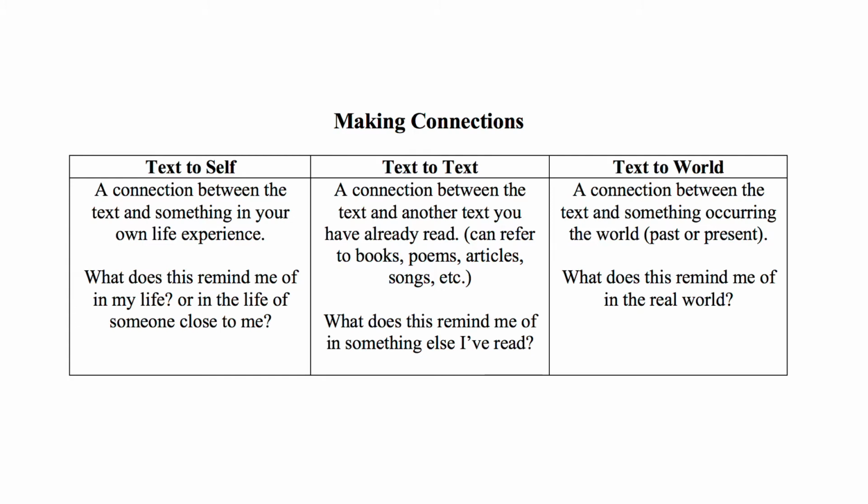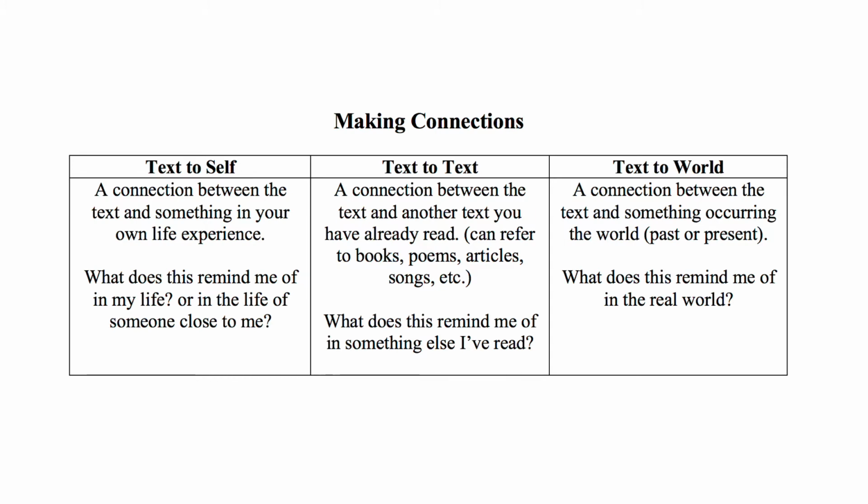And the third way to make a connection is text to the world, the broader world out there, the big wide world. So it's a connection between what you're reading now and something occurring in the world. And it can be in history that you remember, or it can be the present, or it could be something that's happened at any time.